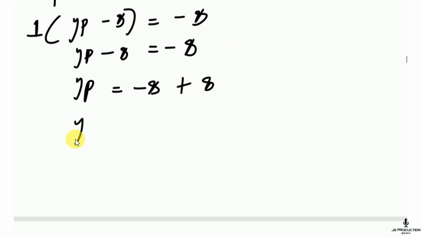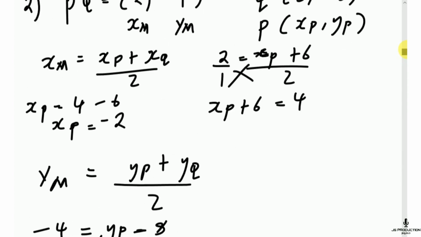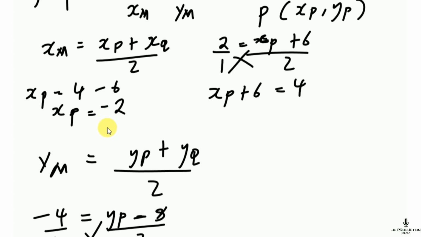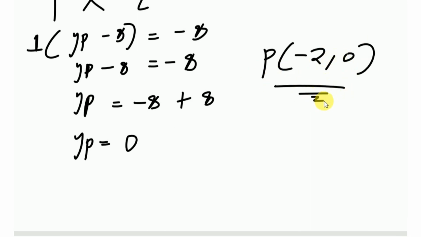So yp is equal to 0. So for the x coordinate of P, we calculated negative 2, as you can see. So the coordinates of P are negative 2, comma 0. So that's the coordinates of P, and that's going to be your answer.